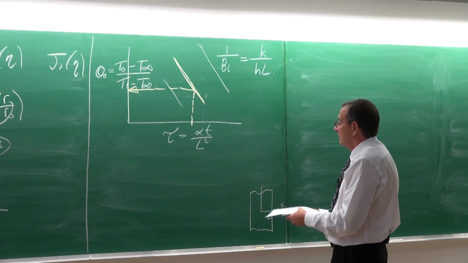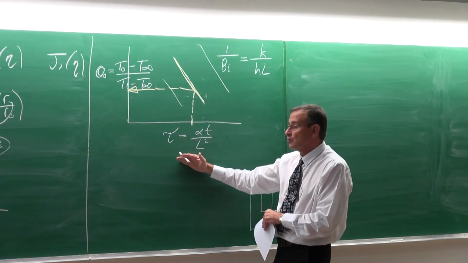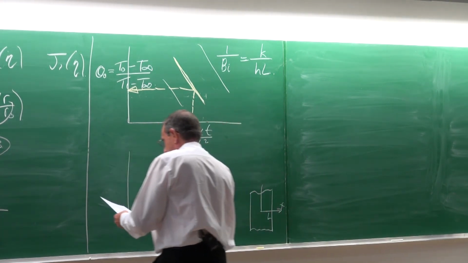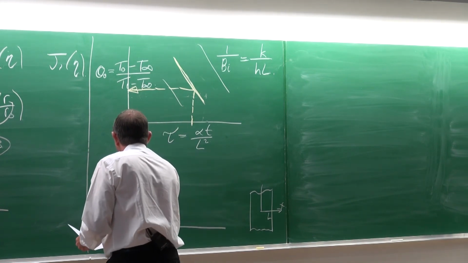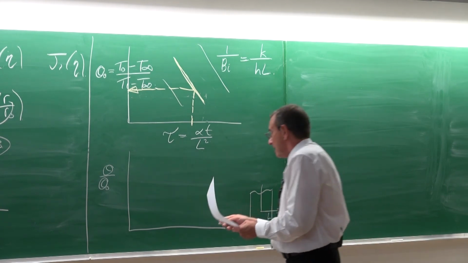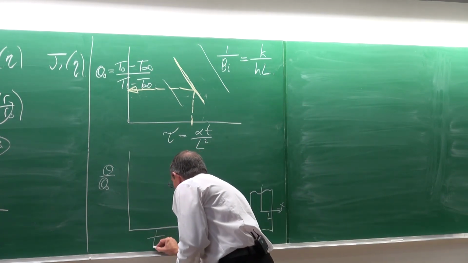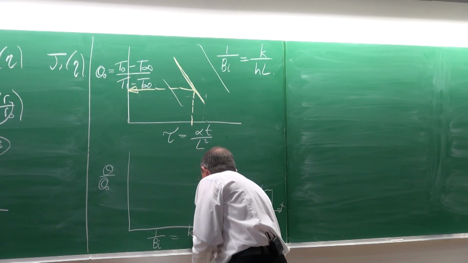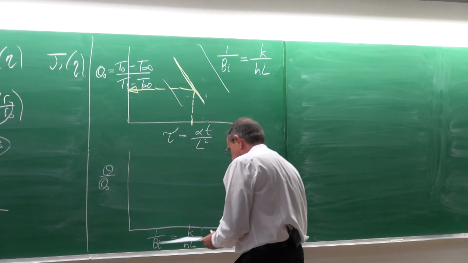The next graph is a follow-up on the first graph. And this follow-up graph gives the results as theta divided by theta 0. And on this scale, it has 1 divided by the Biot number, which is equal to k divided by hL.